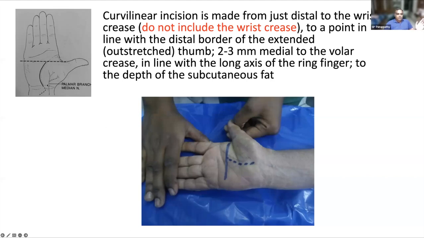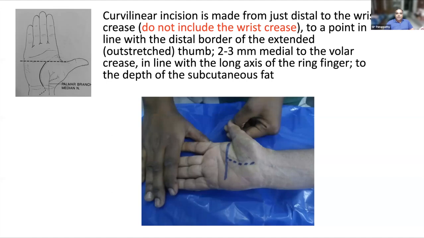This is the incision: from just before the wrist crease up to the distal border of the outstretched thumb, 2 to 3 millimeters medial to the volar crease, not at the crease. You should not put the incision at the crease. That is very, very important, because that causes innumerable functional problems.